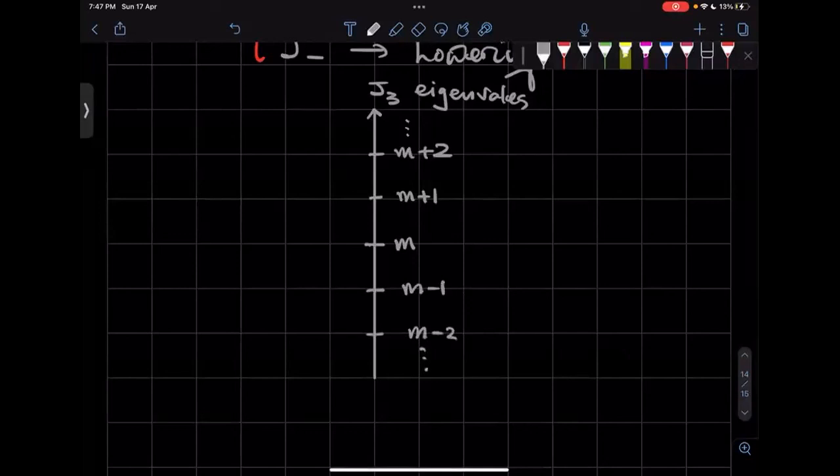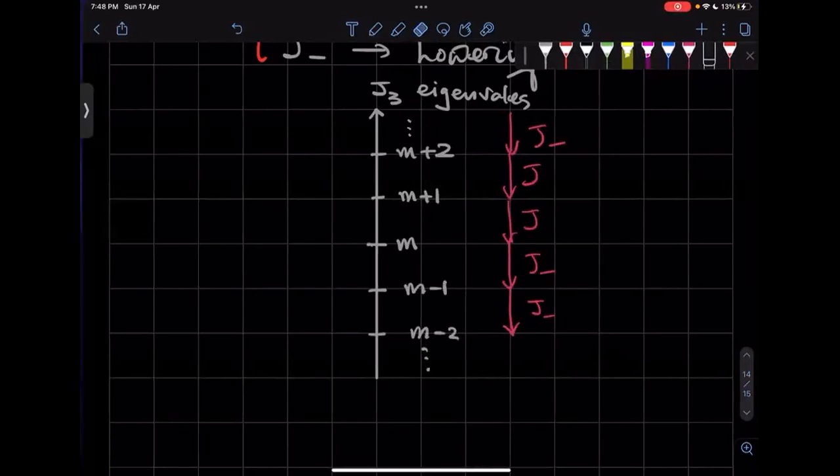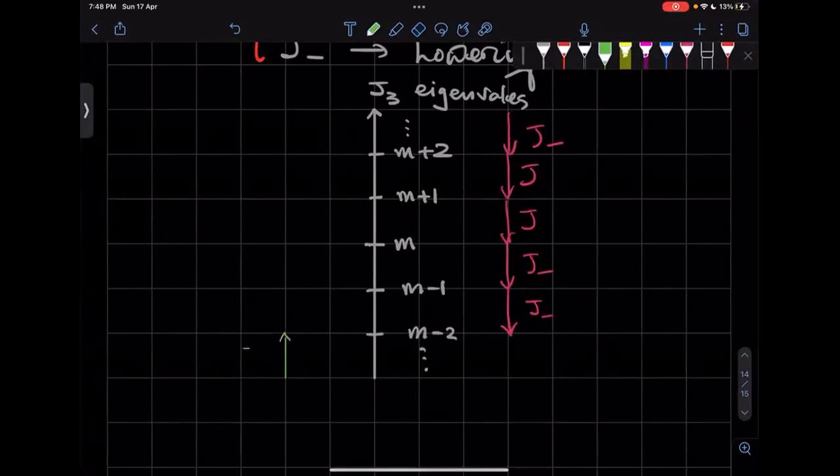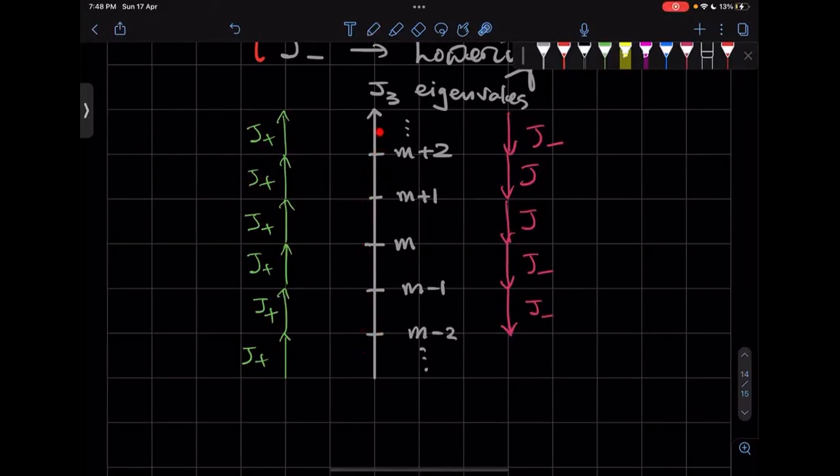What happens is that the J minus operators take you down one unit, whereas the J plus operators take you up one unit. That's why J pluses are called raising operators and J minuses are called lowering operators, and together they're called ladder operators because they allow you to move up and down this ladder of basis vectors. All right, so I hope the picture is clear.